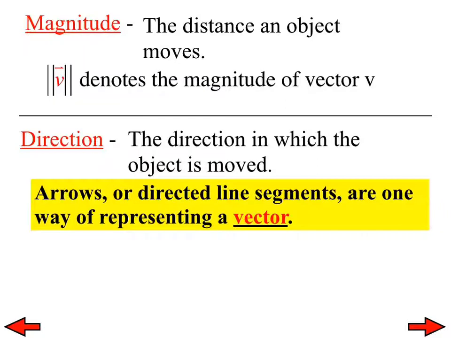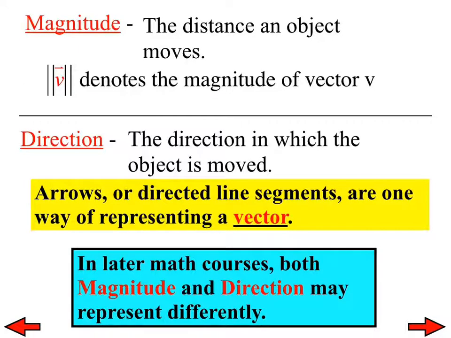Arrows or directed line segments are one way of representing a vector. In other words, they kind of look like a ray. In later math courses, both magnitude and direction may be represented differently. And I will come back to that a little bit later in the lesson.